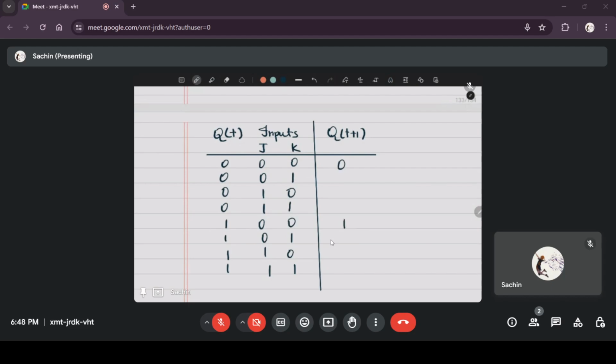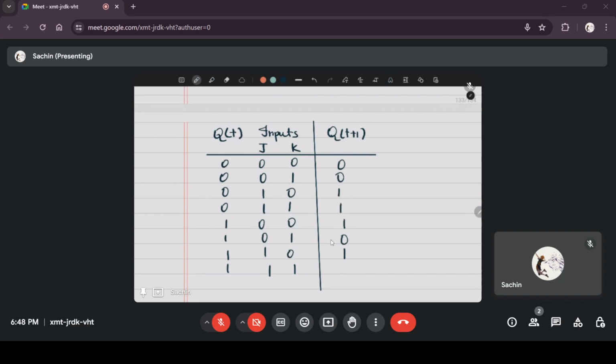The input is 0, 1, then Q of t plus 1 will be 0. So Q will be 0 after a clock pulse. The input is 1, 0, you will get a 1. And if the input is 1, 1, it will toggle. So if Q of t is 0, Q of t plus 1 will be 1.